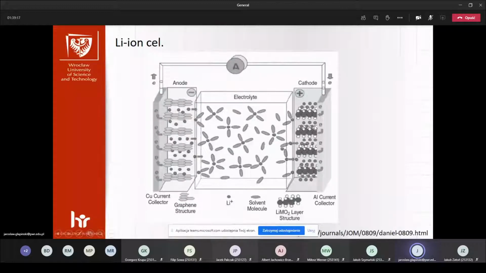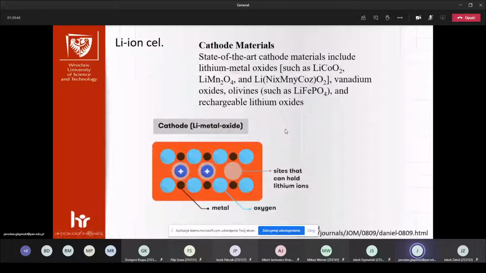This is also a porous structure with the aluminum collector, and the electrons can move from the anode to the cathode. Yes, and we've got an electrolyte inside with, of course, this separation, and the lithium ions can move from the cathode to anode and from anode to cathode. Okay, so they are stored together.